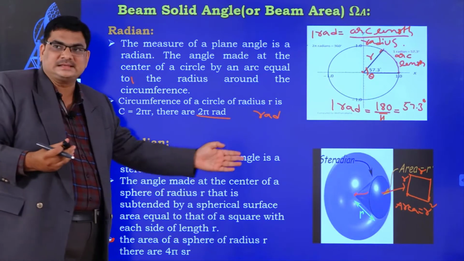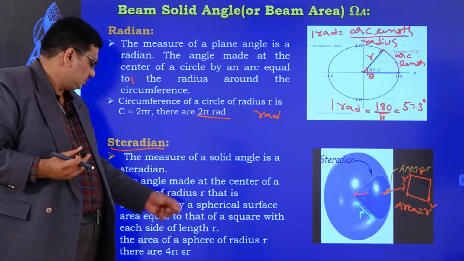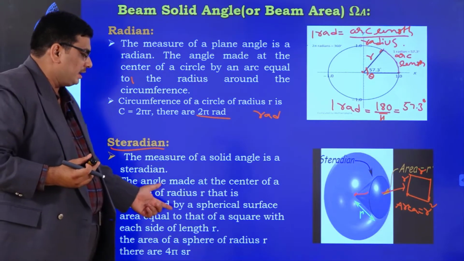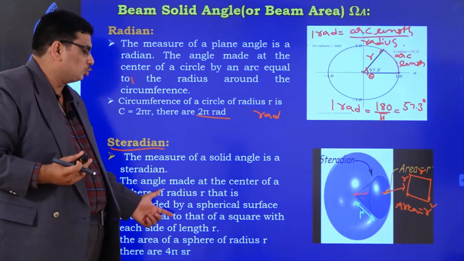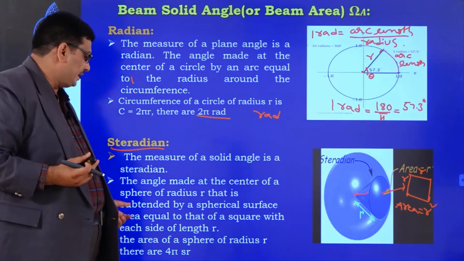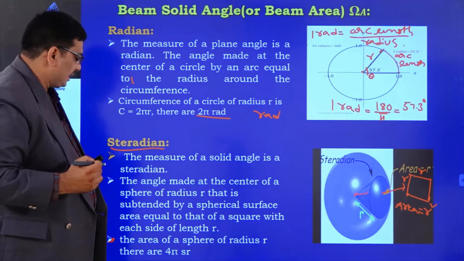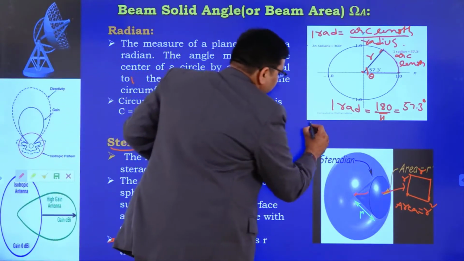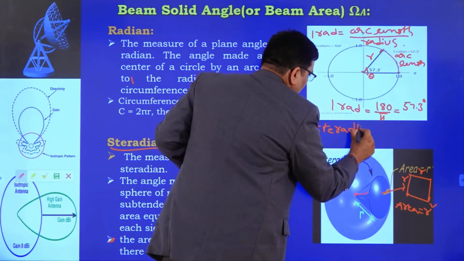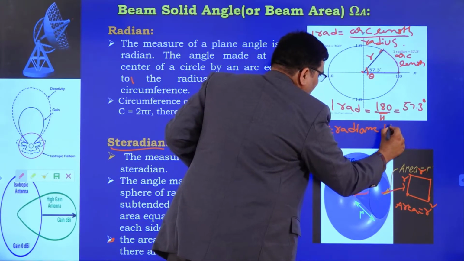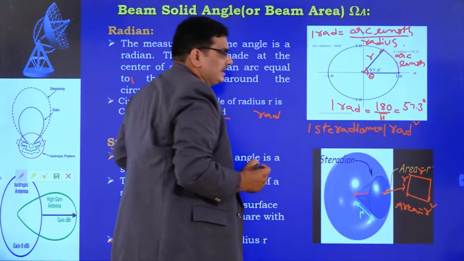So, the angle made at the center of a sphere of radius r is subtended by a spherical surface whose area is equal to the square with side length r. So, 1 steradian is equal to 1 rad square.